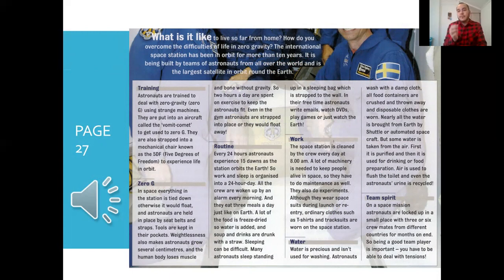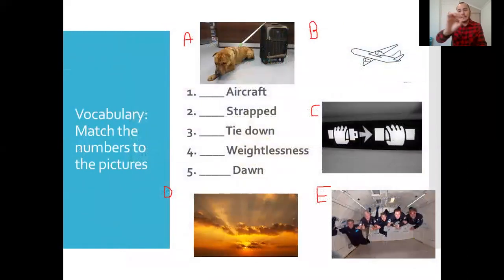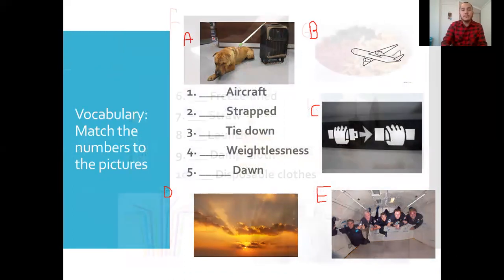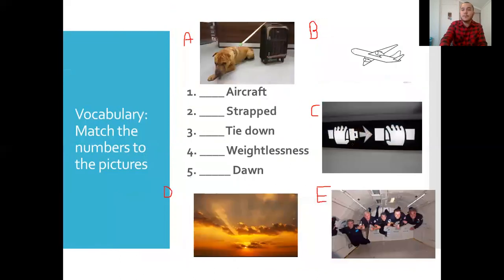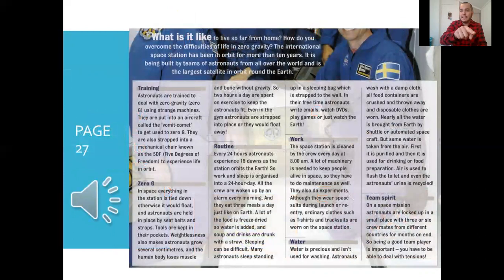Once you read that text, you are going to underline those vocabulary words. Aircraft, strapped, tie down, weightlessness, dome, and there are others: freeze-dried, straw, launch, dumped cloth, and disposable clothes. So those words, you are going to find them in that text and you are going to underline them, right?